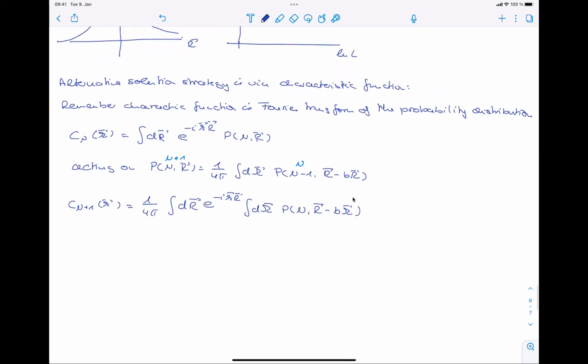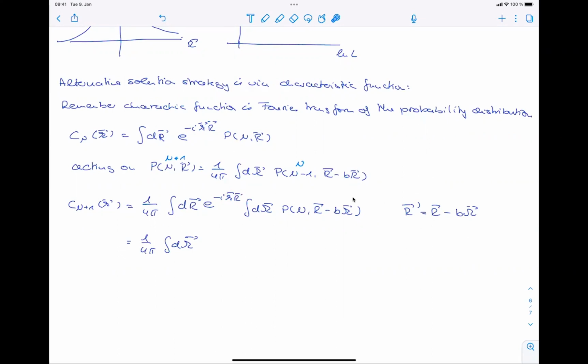And to solve this, I'm going to define R prime as R minus B omega. So that my integral over omega, this changes then the exponent to R prime plus B omega.